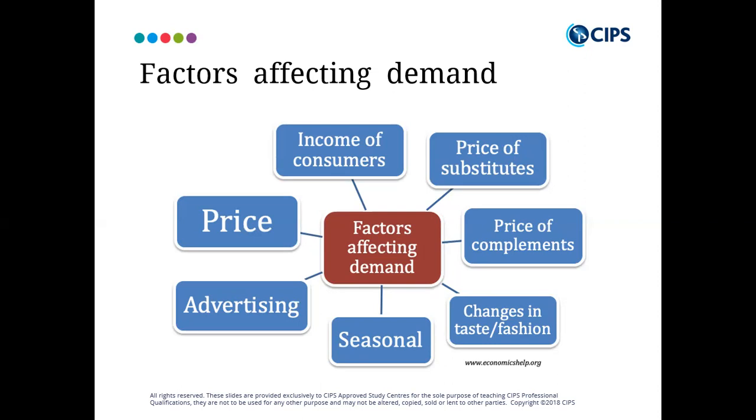And the price of complements. For complements I'll give the same example about cornflakes. The complement is milk, right? People eat it with milk, right? So if the price of milk goes up, the demand for cornflakes is affected. Or if the price of the corn that makes cornflakes is expensive, then the price of cornflakes goes up.